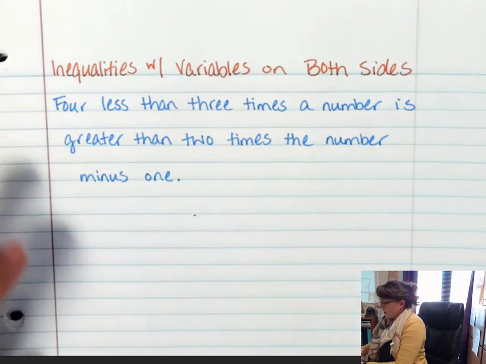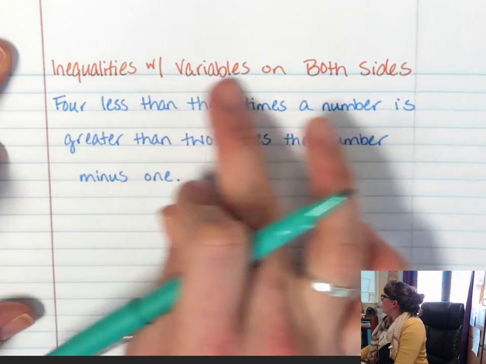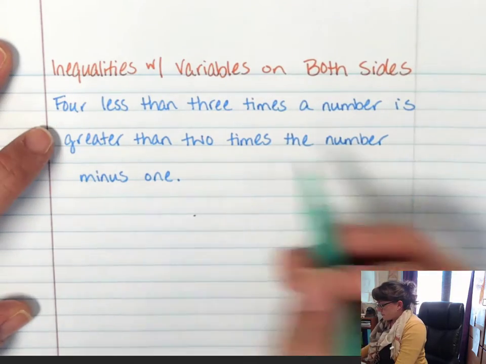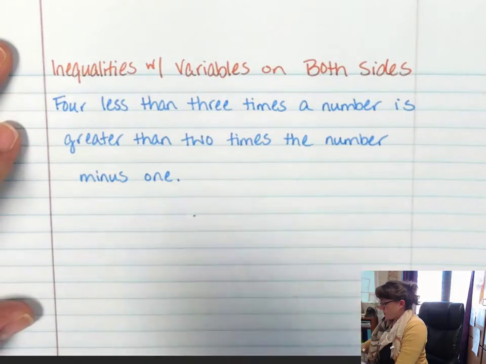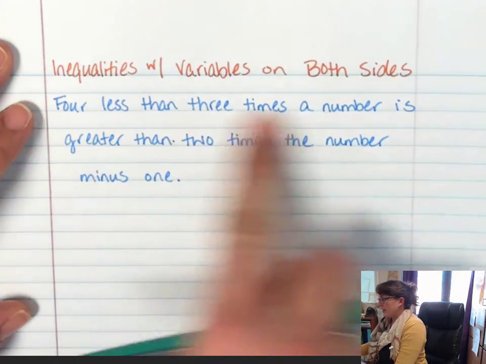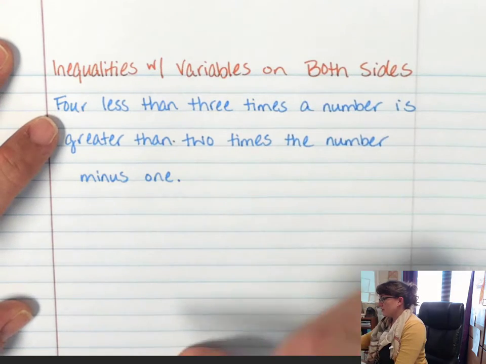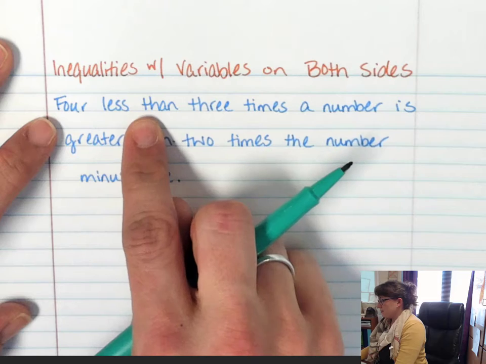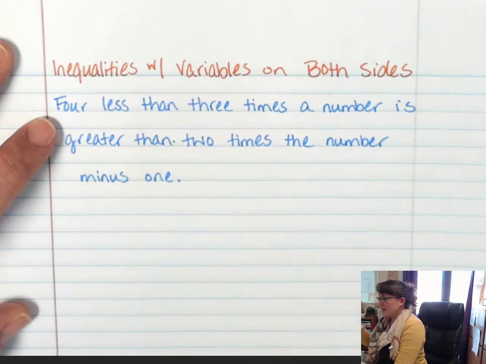All right. So when we're dealing with inequalities on both sides, that means you're going to have a variable on both sides. So I use this example because we're going to read it, write it, work it. For less than, when you see less than, it means flip flop.